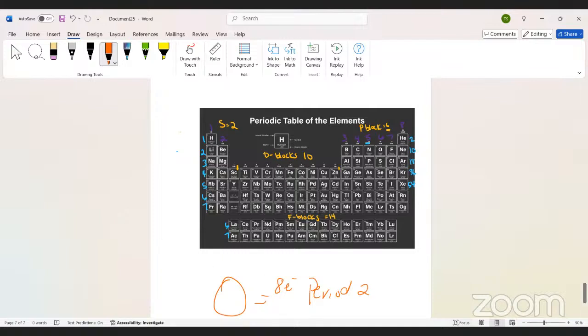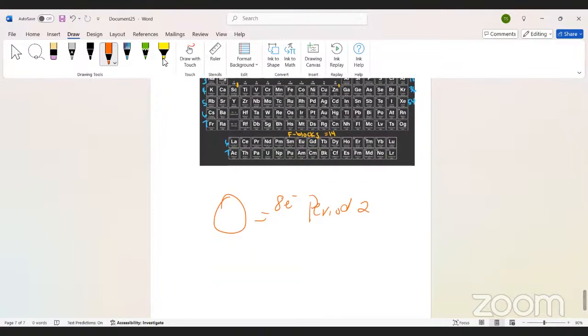All this is going to make sense as soon as I put this together. Here it is right here. It was in the P block, it was in the 4th one. This is going to be the last thing that you write down for oxygen's electronic configuration.